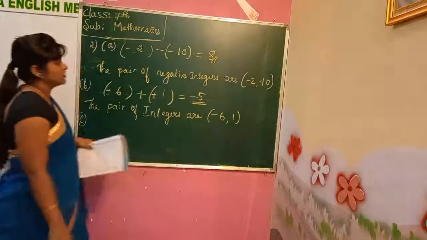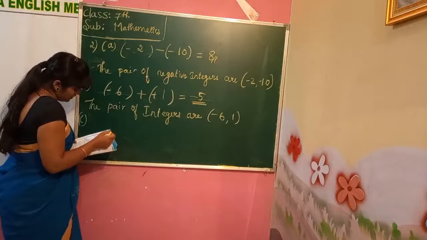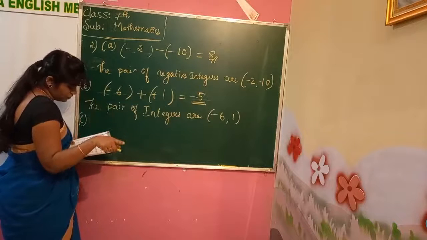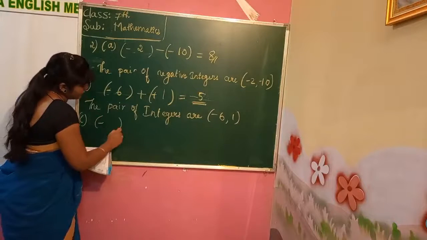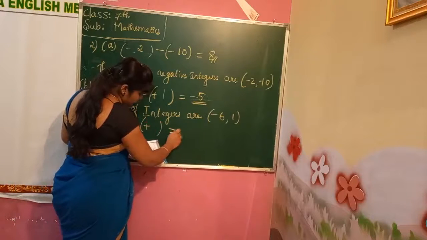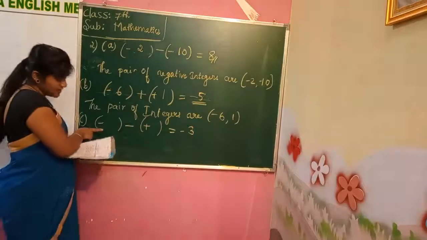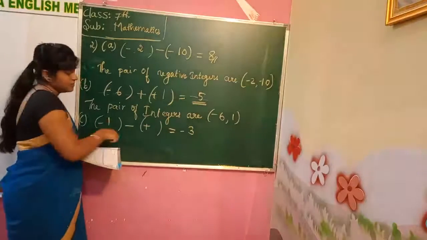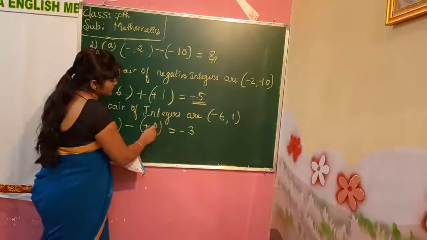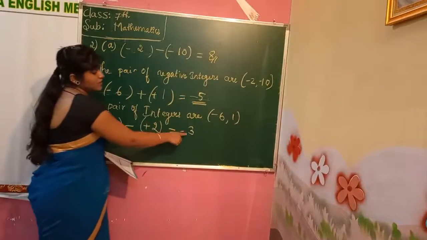Now the minus operation has come. They have given a value here. One is negative, one is positive. One is negative, but here it is minus, and one is positive. But the answer is what? Minus 3. How should it come? Here what should we write? Minus 1, and with minus 1 what do we do? 2. Minus into minus will be plus. So 1 plus 2 will be 3.